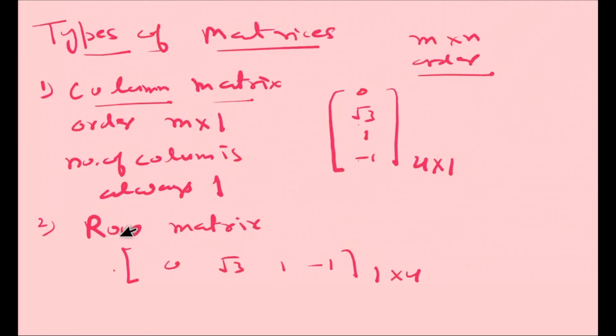So we can say the number of rows is always 1, the order is 1 into n, and then this is the row matrix. Now what is the square matrix?